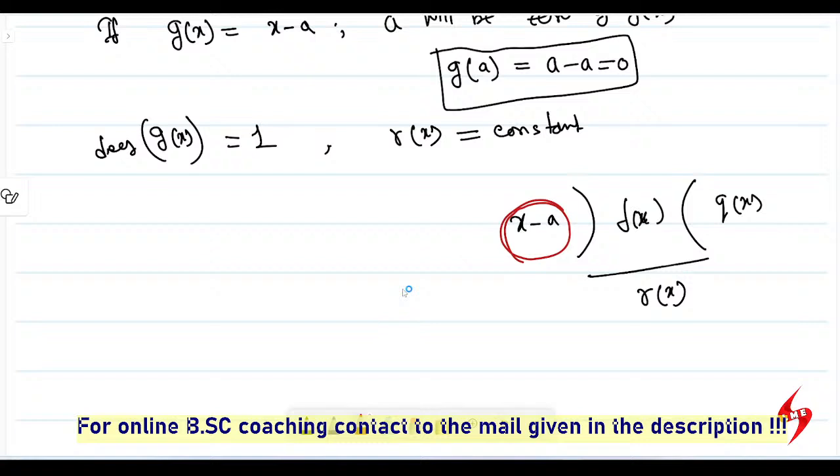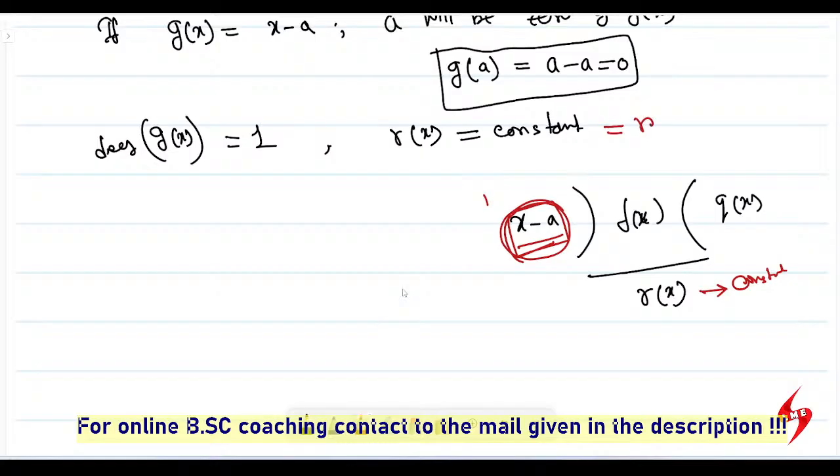But if it is a constant or its degree is less than this, and the degree of this is 1, then definitely this will be a constant, obviously. So let the constant be r.